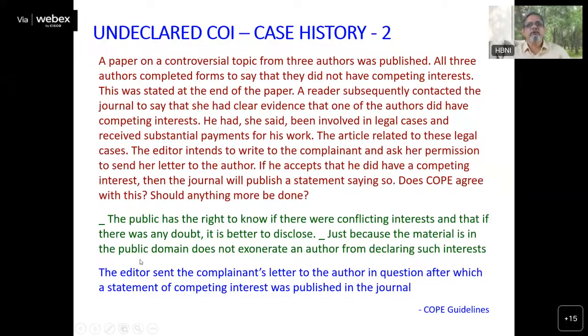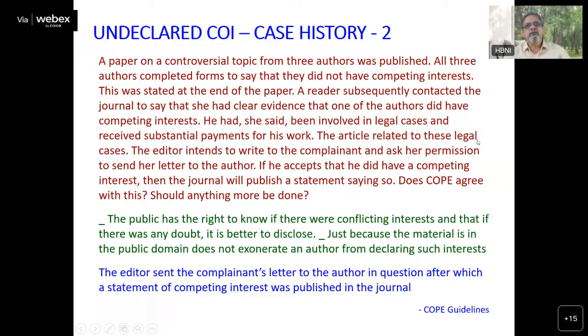What happened was, after this was published, one of the readers contacted the editor of the journal to say that she had some clear evidence that one of the authors did have a competing interest. That person was actually involved in certain legal cases and received financial consideration for that work.